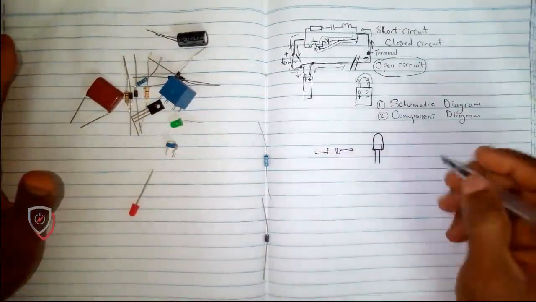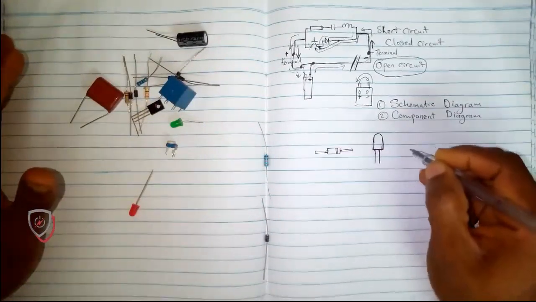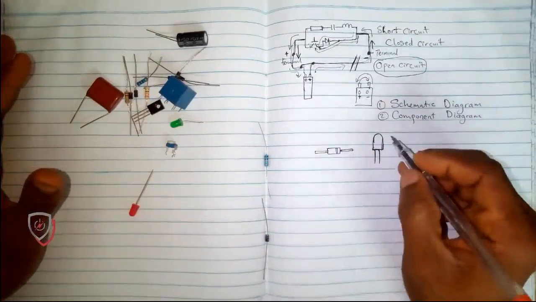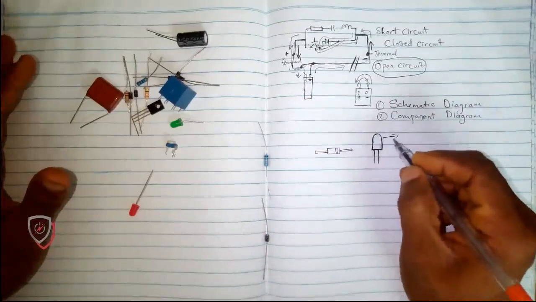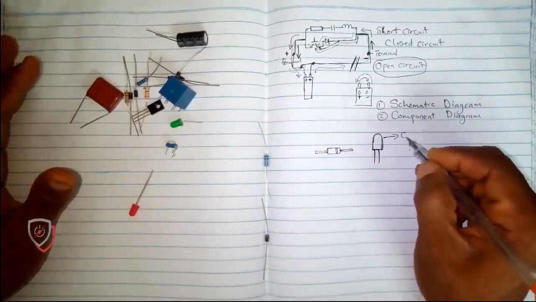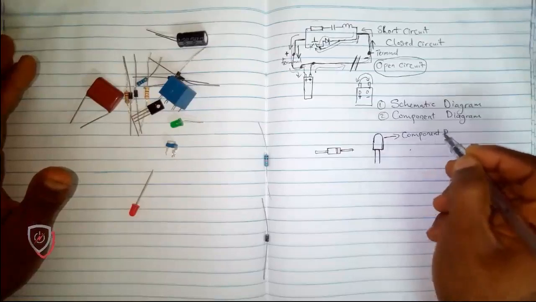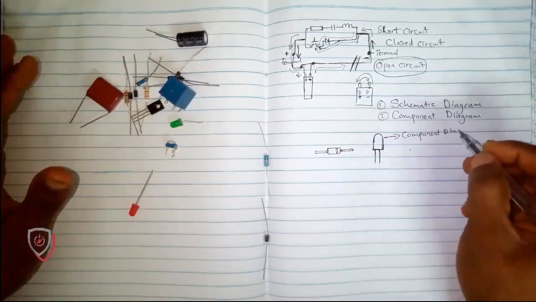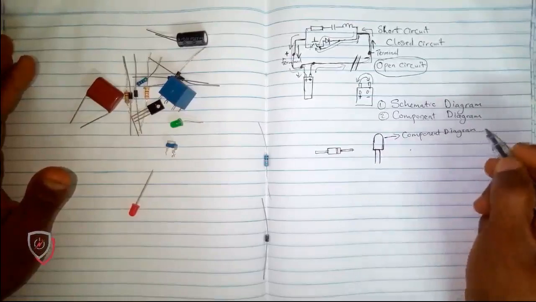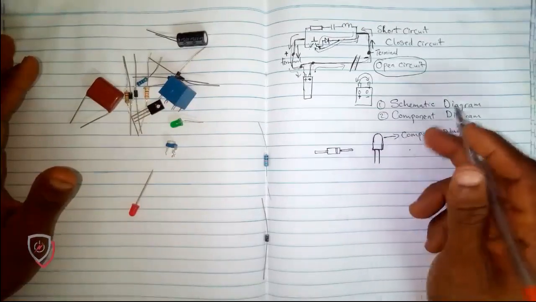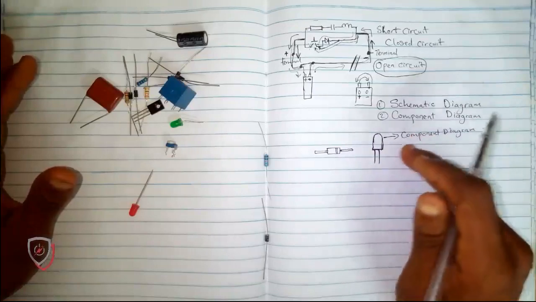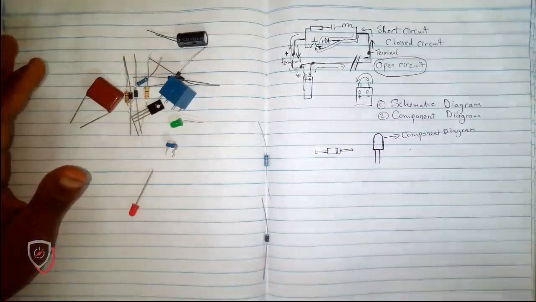This LED, if I'm to draw it, okay, let me explain this. This particular type of drawing is called component diagram, because it's looking like the real component.